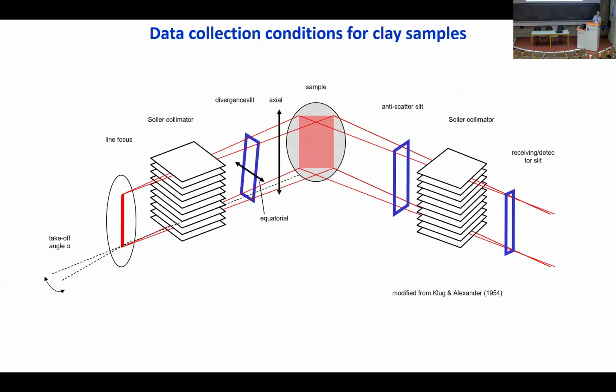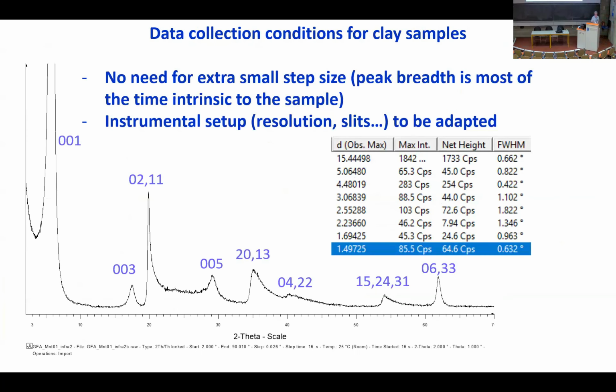I will get back to that. So this is typically what we are seeing here: typical diffraction patterns, a powder diffraction pattern from montmorillonite in this case. And you can see that we have extremely broad peaks. We have some sharper ones, but we have broad peaks.